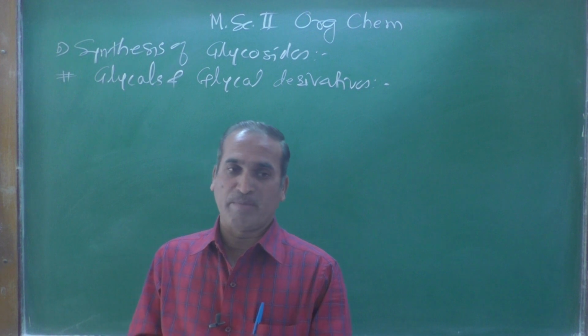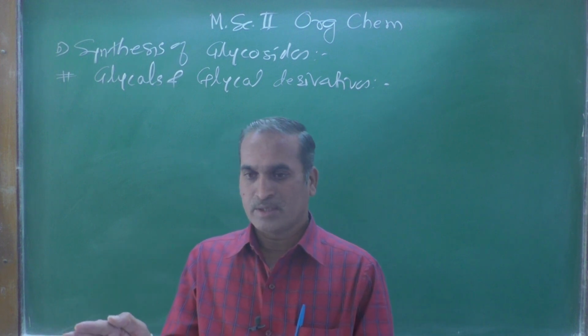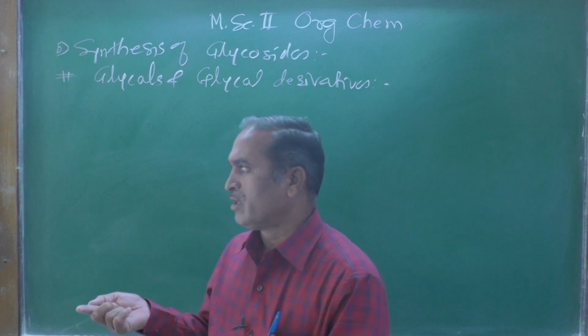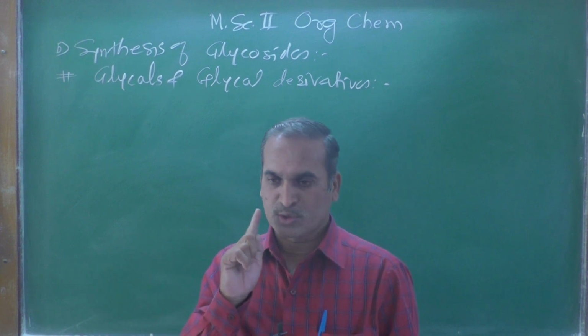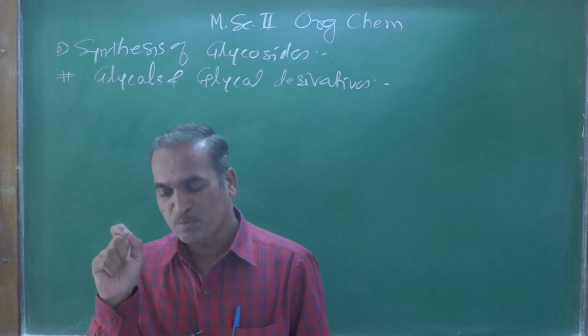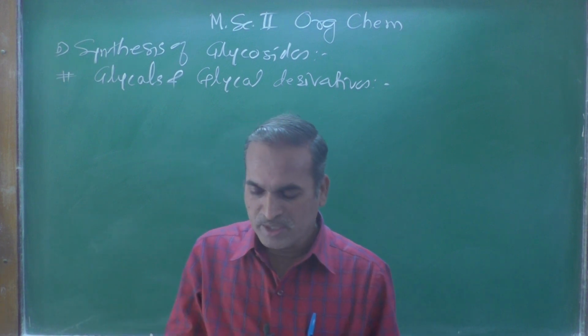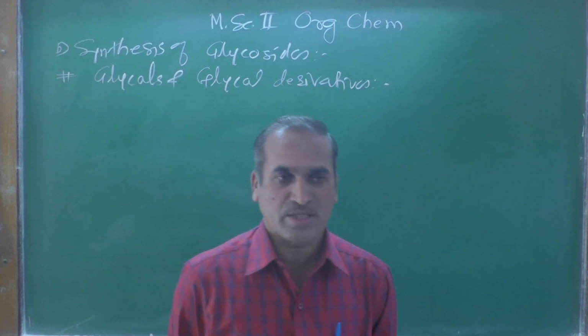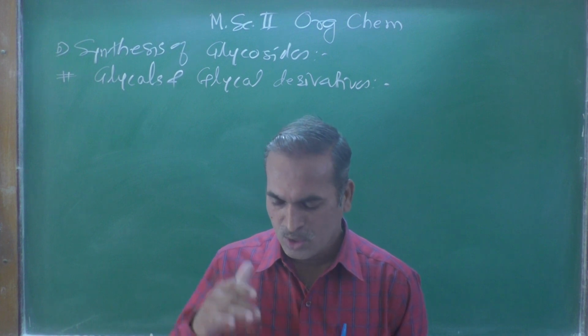So poly means many units combined together through the peptide bond. That type of word is called a polypeptide. Oligosaccharides: saccharide is nothing but a sugar unit, remember here.